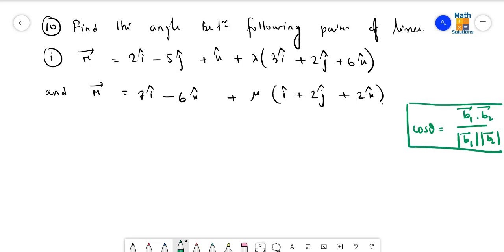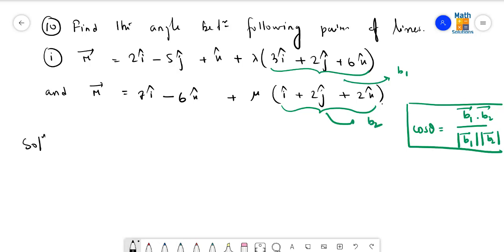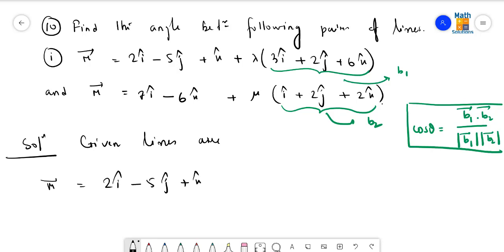So here in this case, what is b1 and b2, that we have to find out. Now we already know that b1 and b2 are considered to be these parts. This part will be acting as b1 and this part will be acting as b2. So coming to the solution part, given lines are, once again I am writing, vector r is equal to 2 i cap minus 5 j cap plus k cap plus lambda times (3 i cap plus 2 j cap plus 6 k cap).